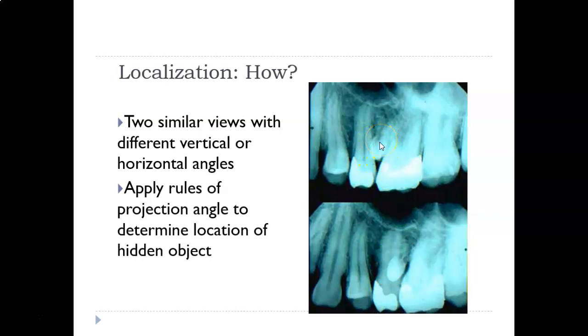Now, does it really move in real life? No, it doesn't. It stays absolutely where it was. But because our vertical angulation has changed and our horizontal angulation has changed, it's going to look like it's in a different place. So for example, this little supernumerary tooth in this image looks like it's right smack between the premolar and the molar.